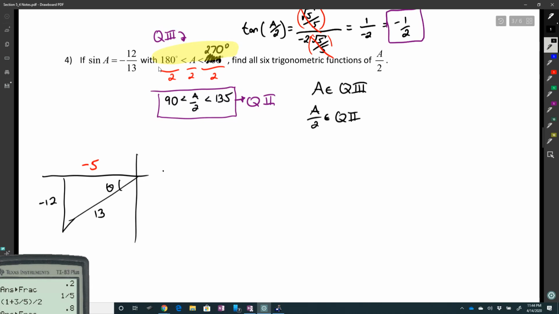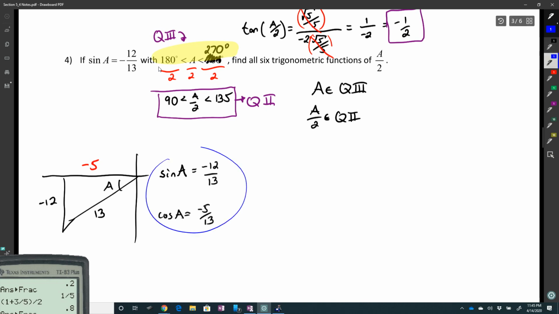So let me find sine of A. And I guess I could put theta there, but that should technically be A. Okay, so sine of A is equal to negative 12 over 13, because they gave it to me. Whereas cosine of A is negative 5 over 13. And those are the only two you need, because that's all the formulas ask for. So now I can figure out sine of A over 2.